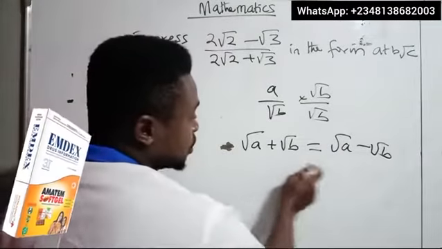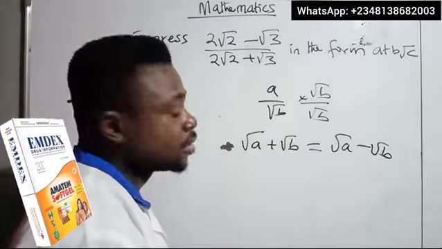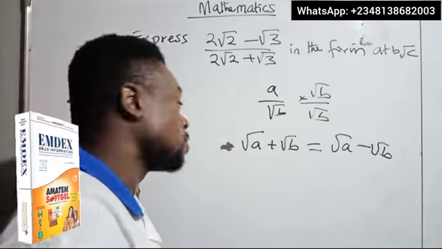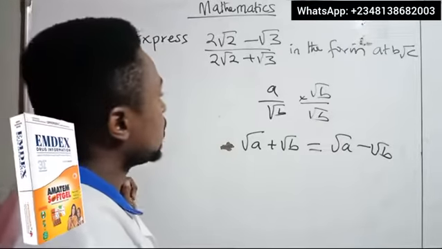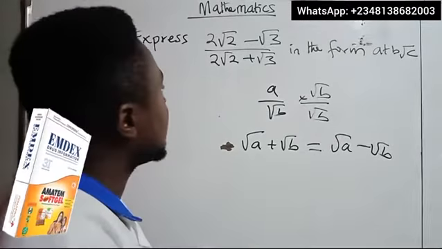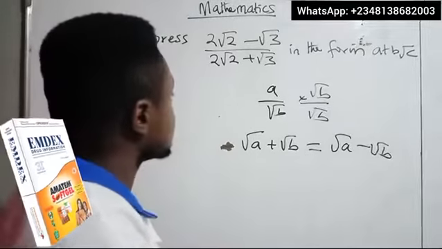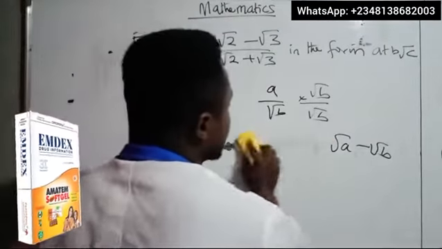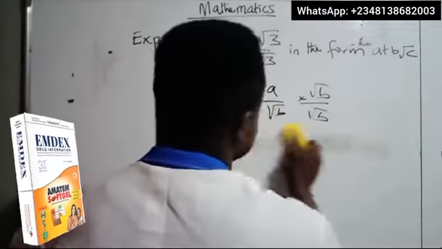If you multiply these two, they'll give you a rational number. Now, with this at the back of our mind, let us now solve this question.